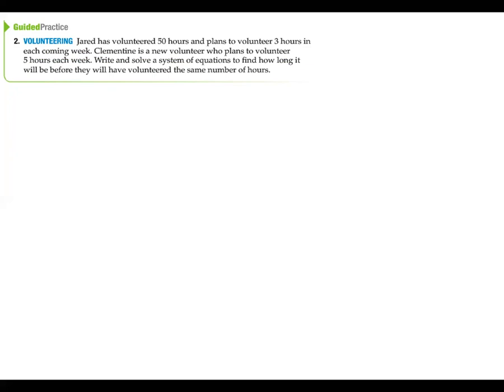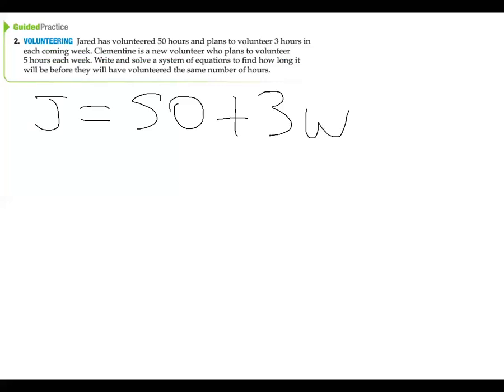So Jared equals 50 plus 3 hours per week. Clementine is equal to 5x, 5 hours per week. Now, that might confuse you because both equations have W, but the other variable is different.